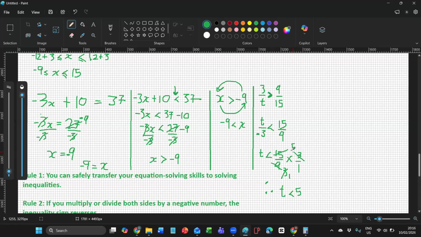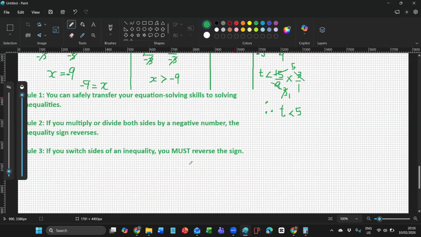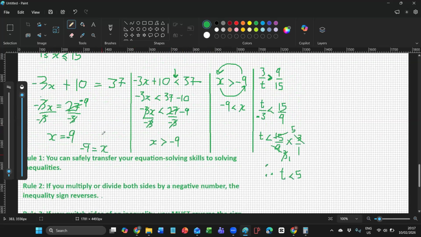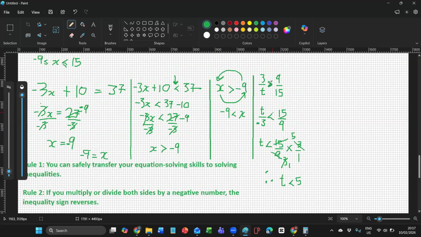Now, when you multiply both sides by -3, based on this rule that we just saw, if you multiply or divide both sides by a negative number, the inequality sign reverses. The first one that made it turn from greater than to less than will now reverse again, from less than back to greater than.